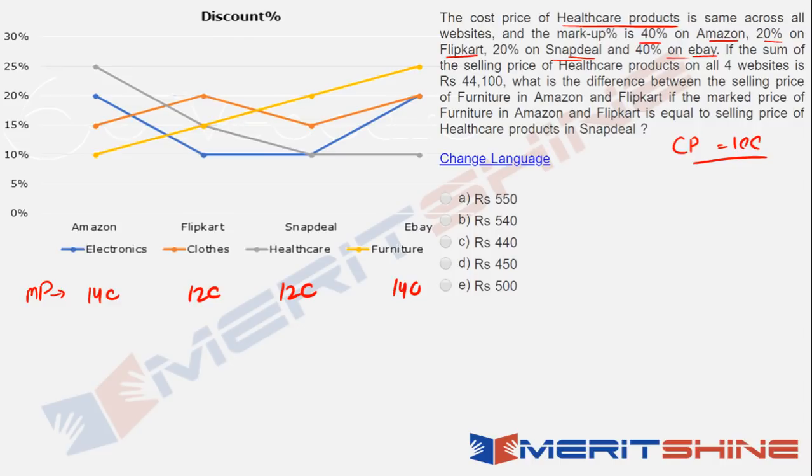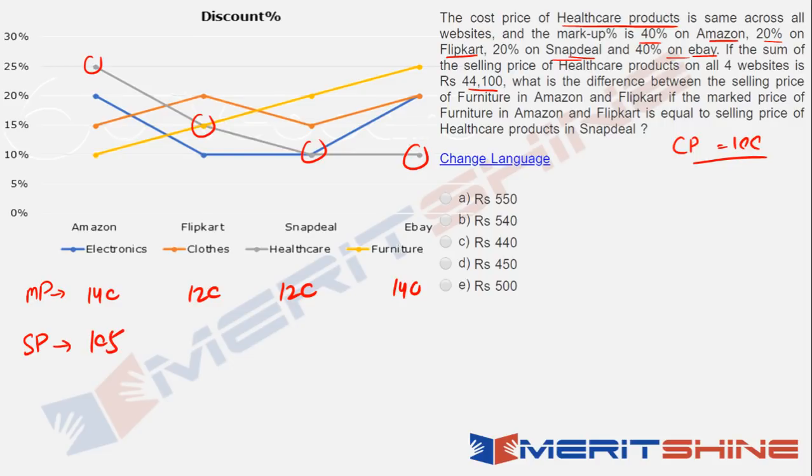Now we know the discounts, so we can write the selling prices as well, because the sum of the selling prices is given to you here. What is the bar for healthcare? This gray one. So this is 25, this is 15, 10 and 10. Just do it quickly. 25% subtracted from 140 is going to give you 105.